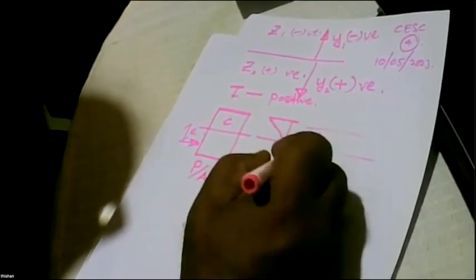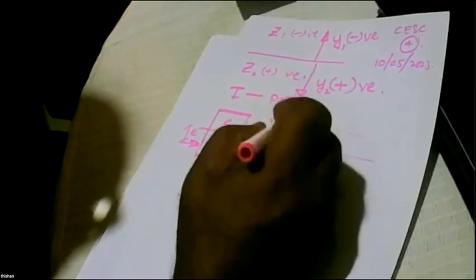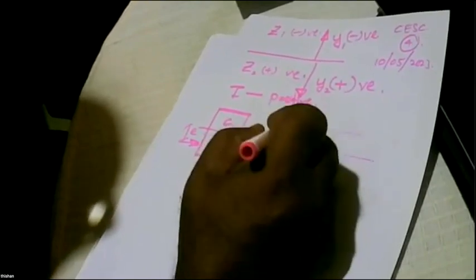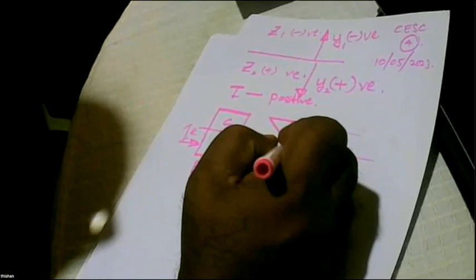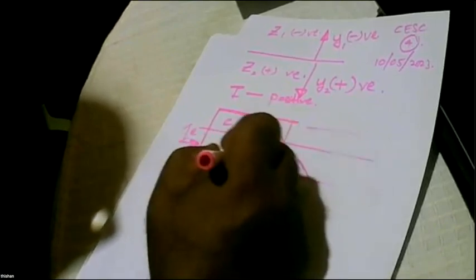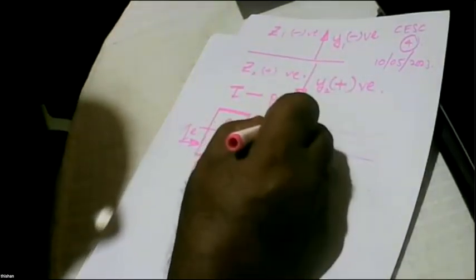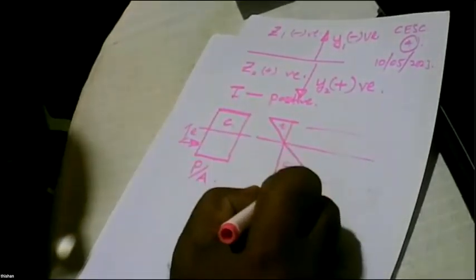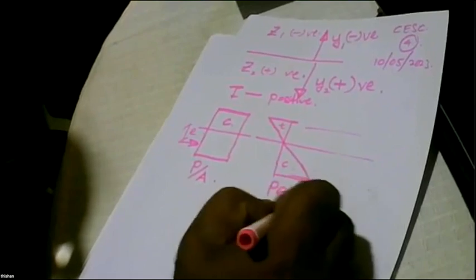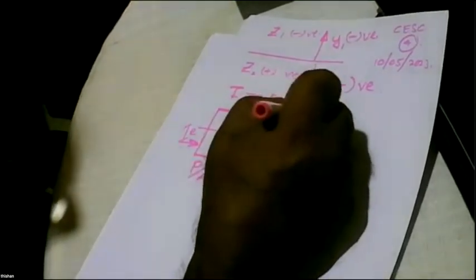So you get PE, and here you get upward, so you get compression here, tension here. So you get PE over Z2, PE over Z1. Here we want a negative answer, but Z1 is negative, so automatically we get a negative answer.